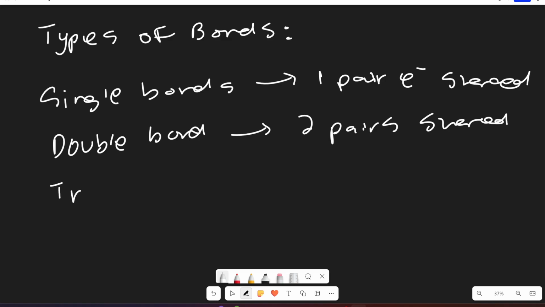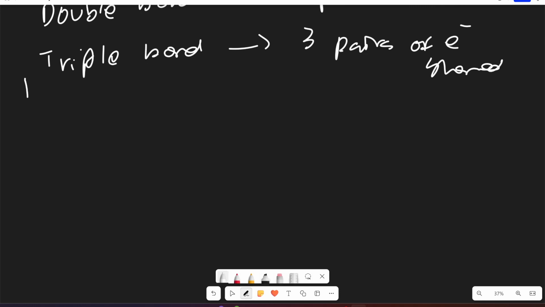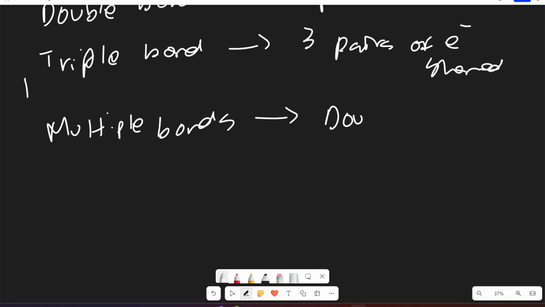And then we have a triple bond, where three pairs of electrons are shared. If you ever see the term multiple bonds, that's really just referring to double and triple bonds.